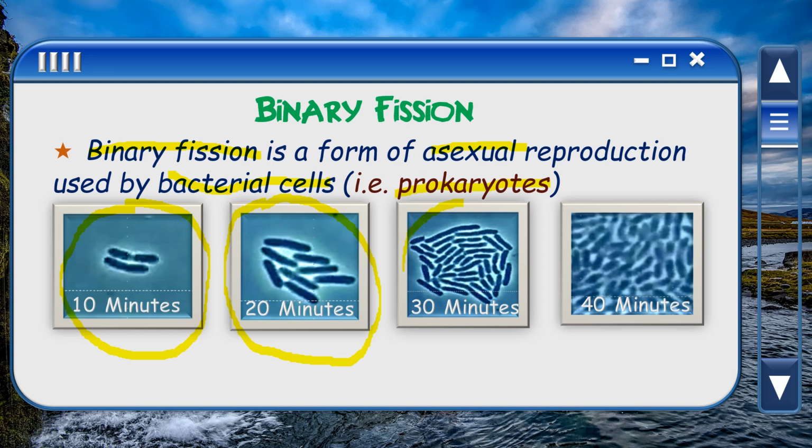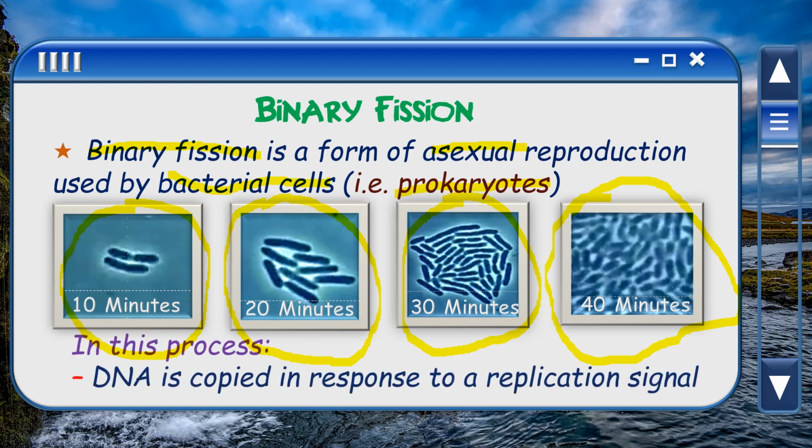In 30 minutes, the number goes on increasing, and by 40 minutes they have multiplied very many times. They do so by binary fission. In this process, the DNA is copied in response to a replication signal, so they replicate very fast and form other bacteria.